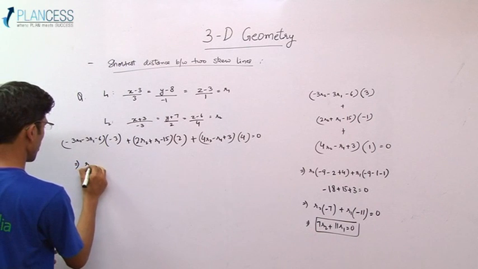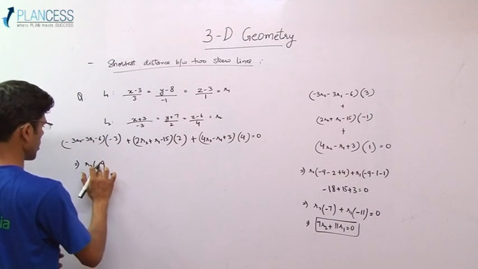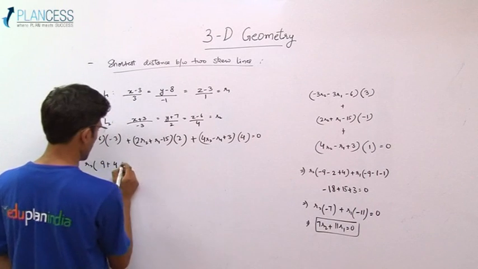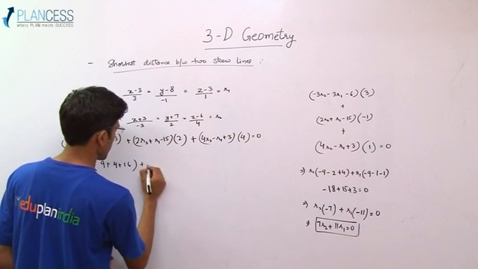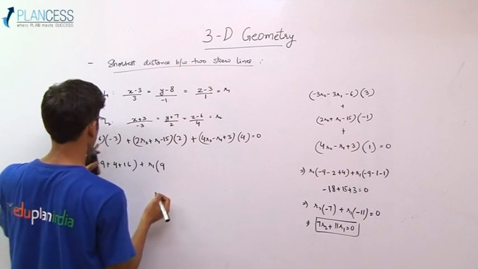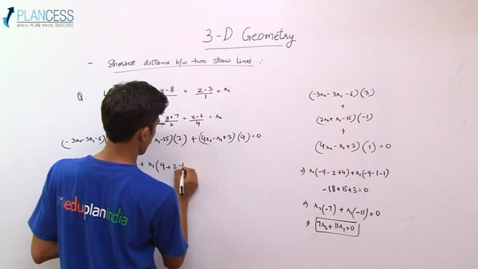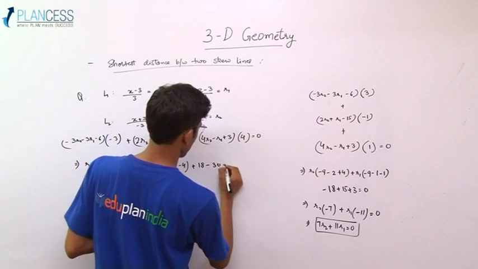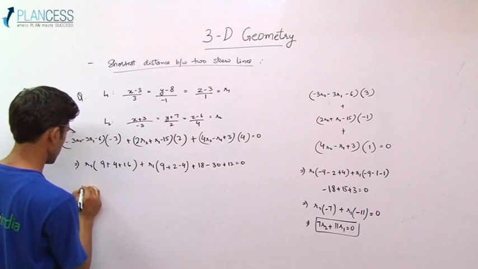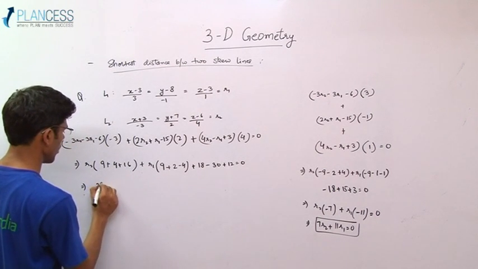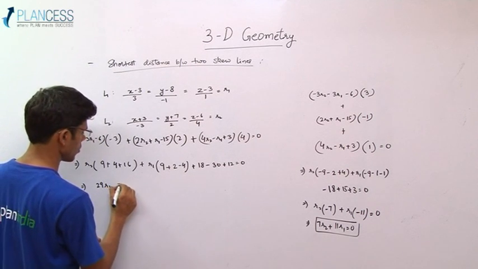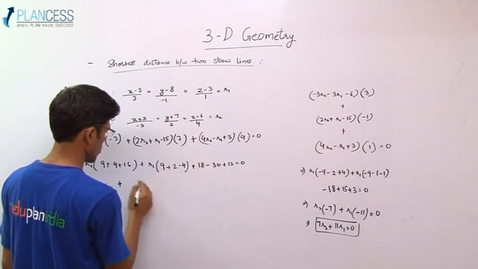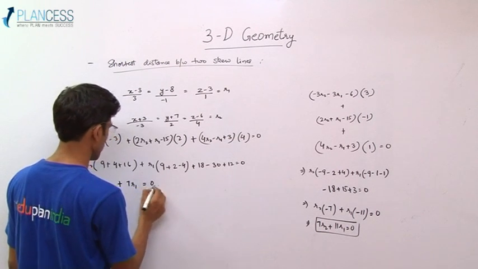So R2 times (9 plus 4 plus 16) and R1 times (9 plus 2 minus 4), then plus 18 minus 30 plus 12 is 0. So this gives 29R2 plus 7R1 is 0.